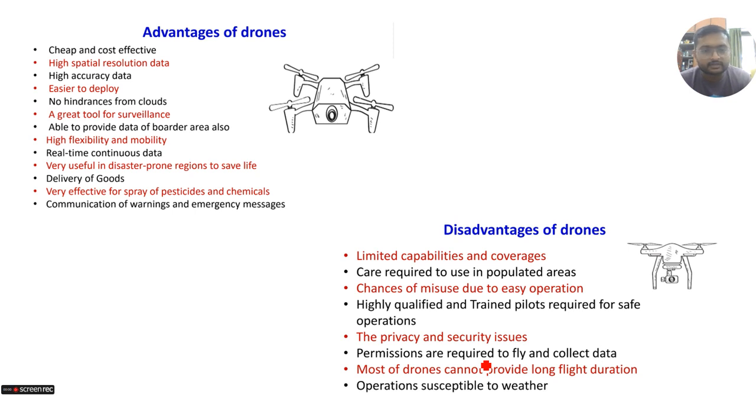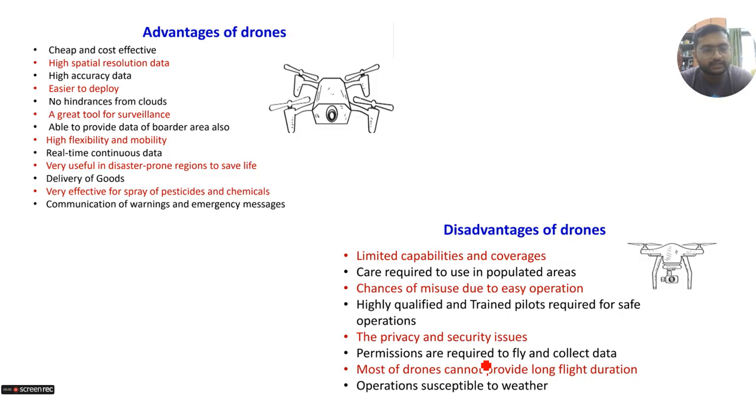Very useful in disaster-prone regions, such as where lots of floods are happening in Punjab and Himachal and the northern part of India. Landslides are happening in parts of Kerala and some parts of Himachal, and there are glacial lake outbursts. For all those things, drones become a very important tool for those kinds of regions.